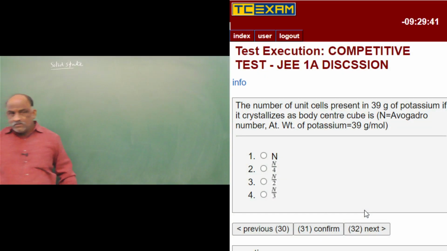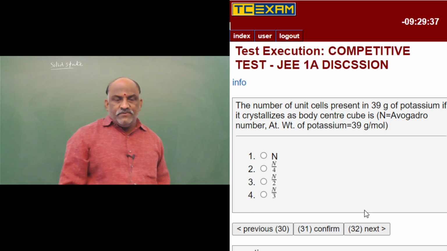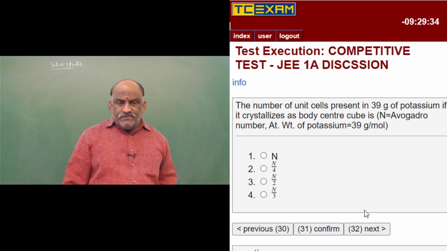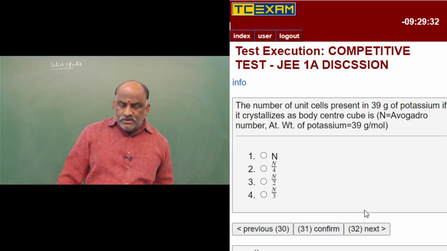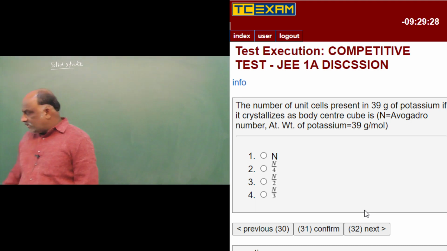Question number 31. The number of unit cells present in 39 grams of potassium, if it crystallizes as a body centered cube. N is Avogadro number. Atomic weight of potassium is 39 grams per mole. Simple question.